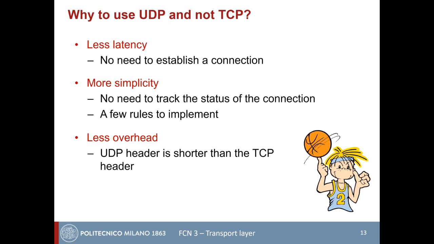Why should we use UDP instead of TCP, since UDP is so poor in terms of performance? We have already covered this issue. It is used in applications that need fast transmission of information and accept or tolerate errors.